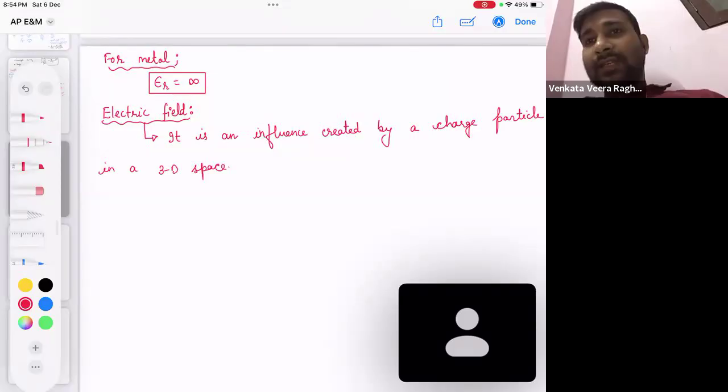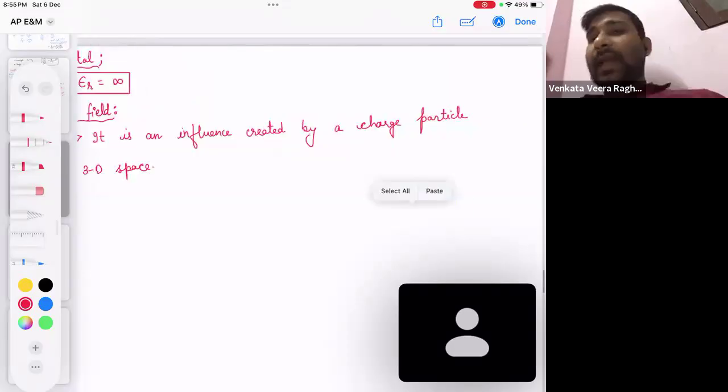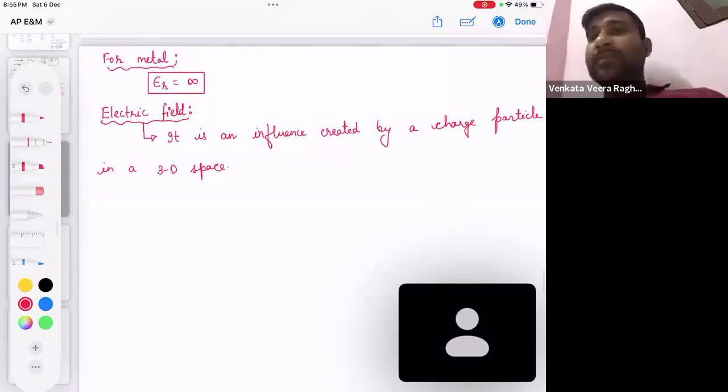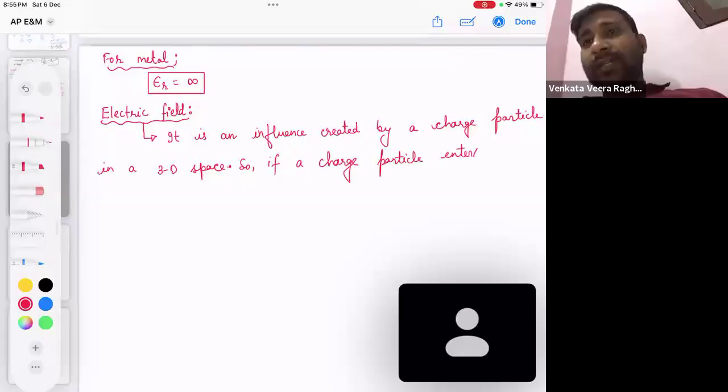And when the other charged particle enters that space, then what happens? The charged particle will start experiencing the electrostatic force. So, if a charged particle enters that space, it starts experiencing the force.